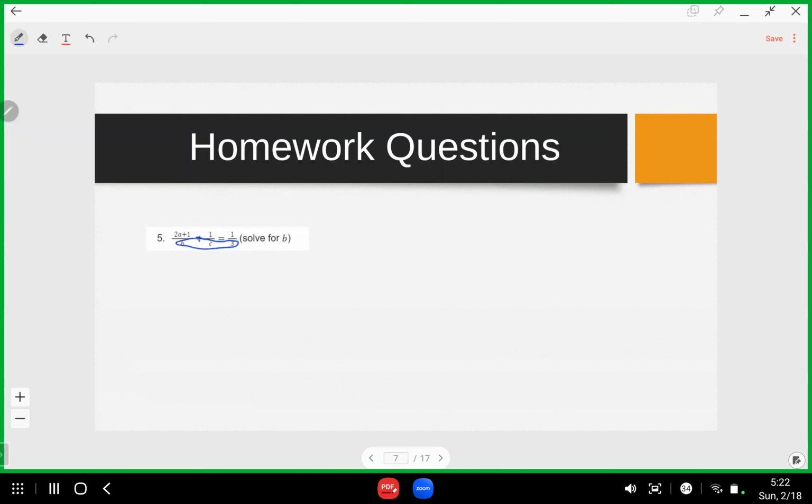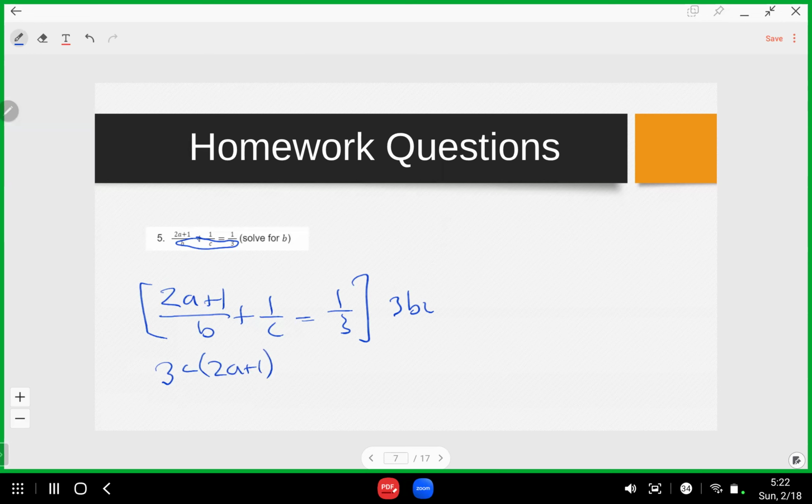Yes. Okay, very good. Then what did you do? I just multiplied by 3BC, times 2A plus 1 divided by B, plus 1 divided by C, equals 1/3 times 3BC, because you need to do it for both sides.